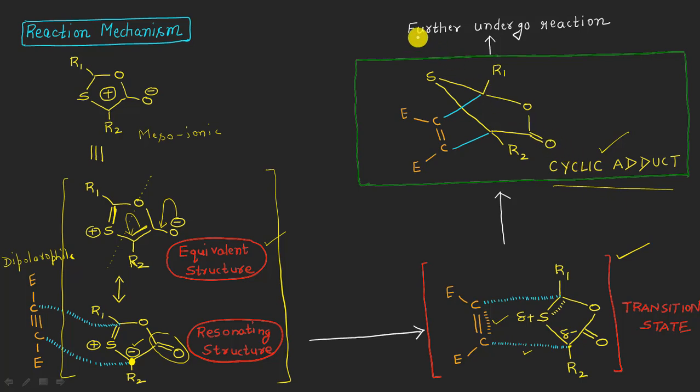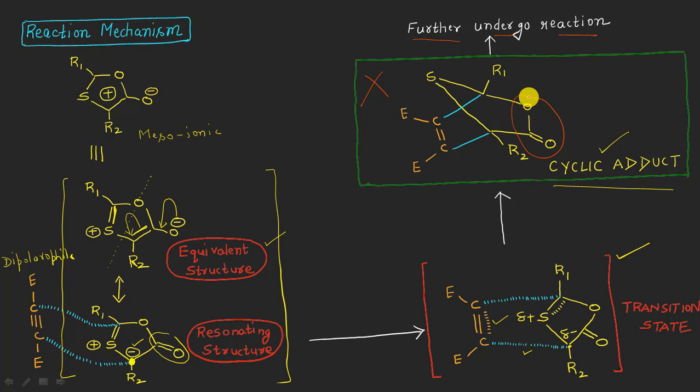So you can see here I have written that this reaction won't be stopping at this stage. Whatever cyclic adduct we get from this mechanism will undergo a further reaction, eliminating of course a molecule of CO2 and giving a more stable product, right?